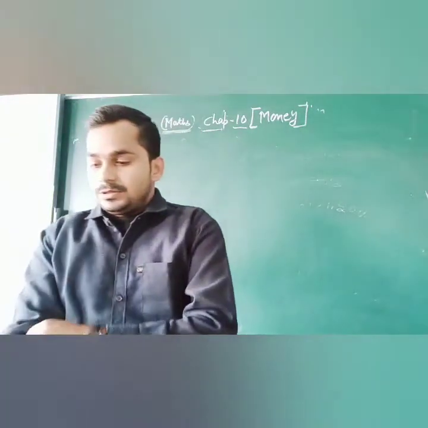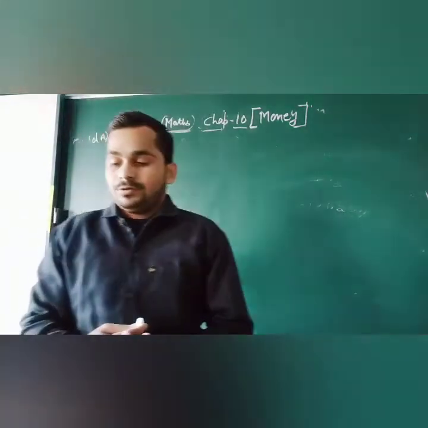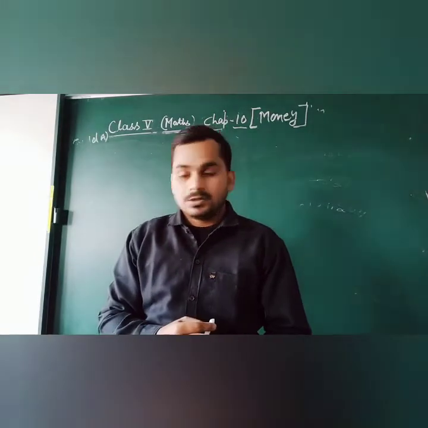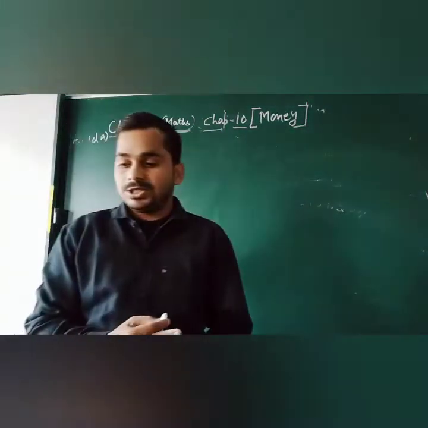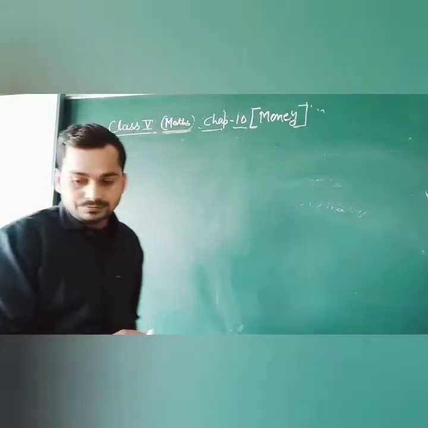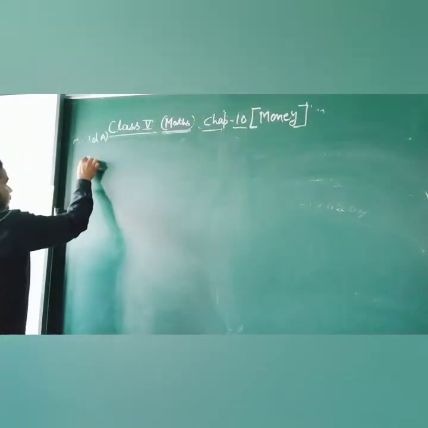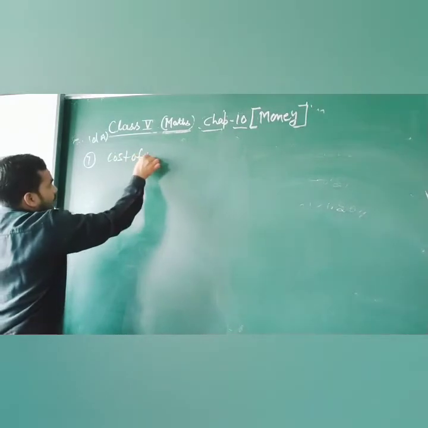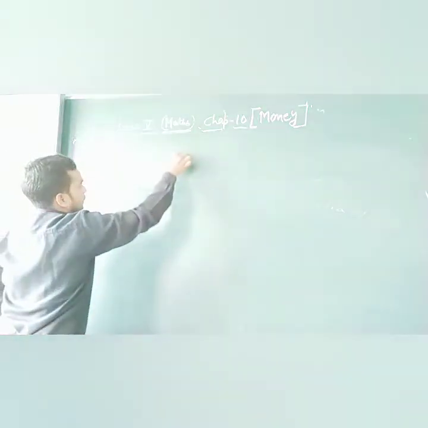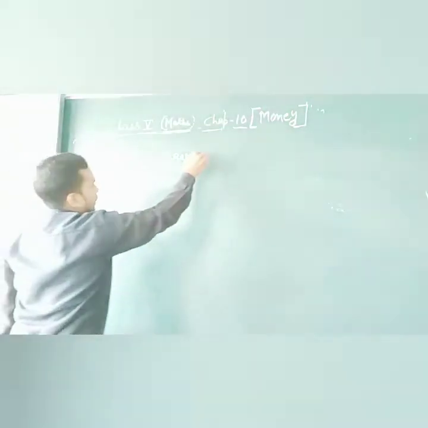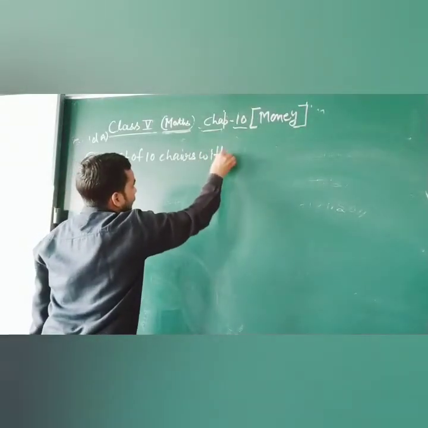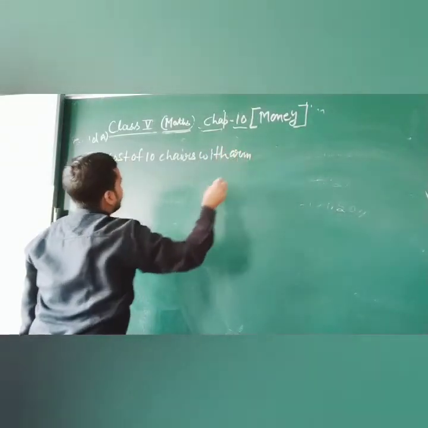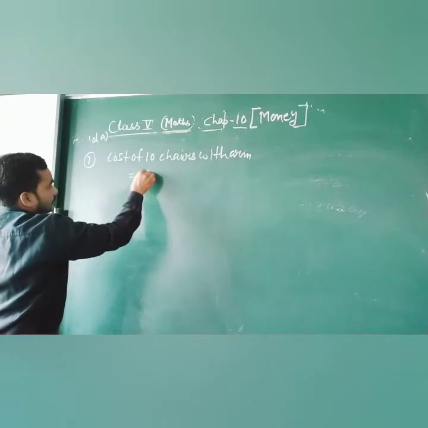So first we have to find out the cost of one chair of each type. So cost of 10 chairs with arm is given 4,000.